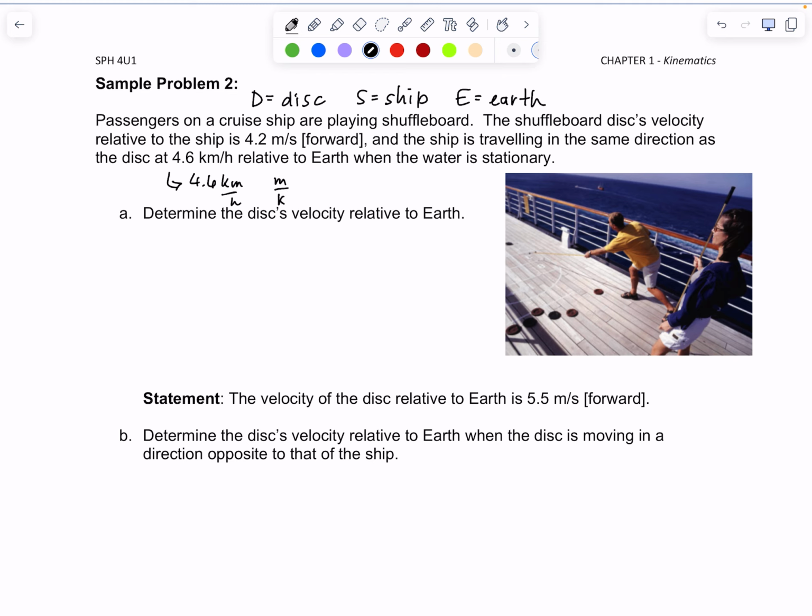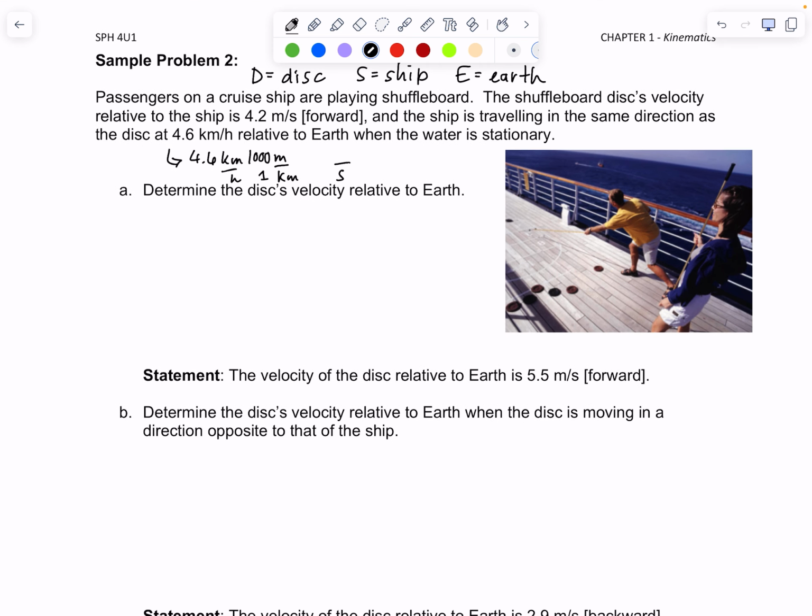In order to get rid of the kilometers, I would need kilometers on the bottom so that I can cancel them out. I can't cancel them out until I state the relationship between the meter and the kilometer. And that relationship is there are 1,000 meters in 1 kilometer. Next, I want to get rid of the hours on the bottom, and I want seconds.